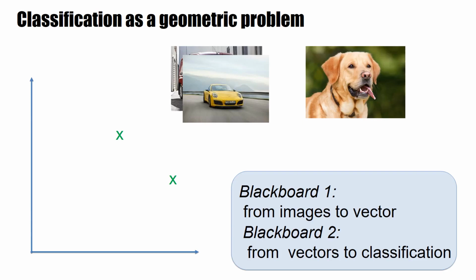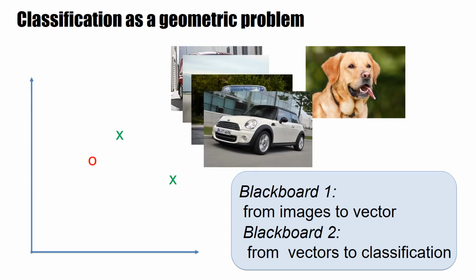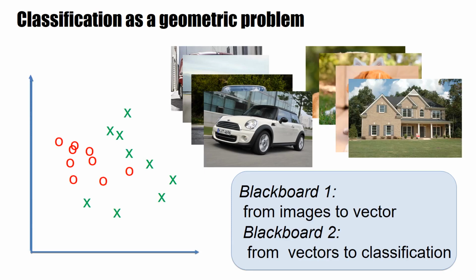The different cars are the positive examples. Then I have the non-cars, which are the negative examples. So I will have many of these positive and negative examples. And then the task of classification is to find this separating surface. And if I plot this in 2 dimensions, then the separating surface is just one-dimensional.